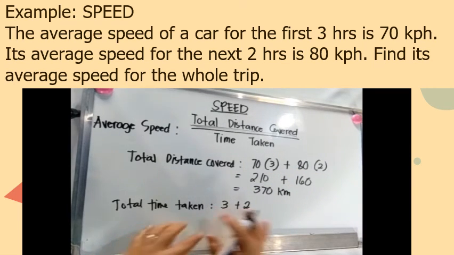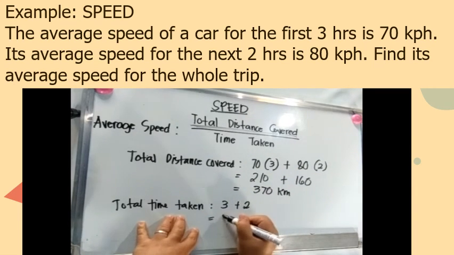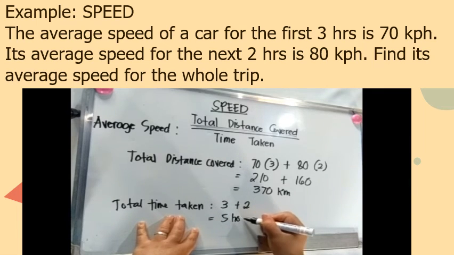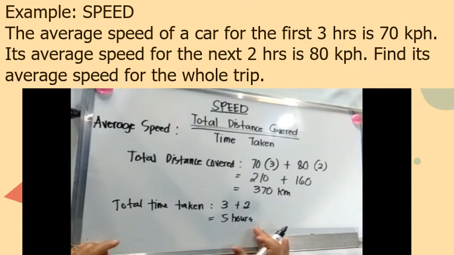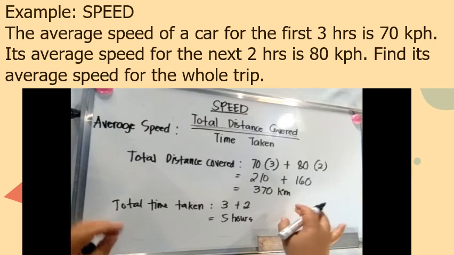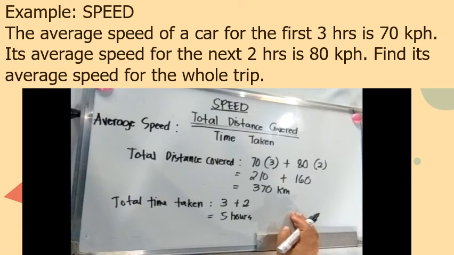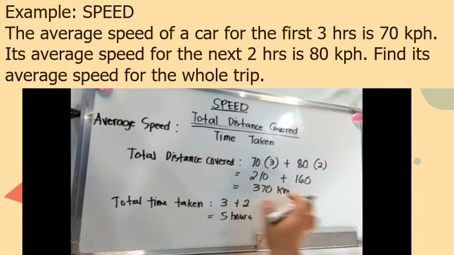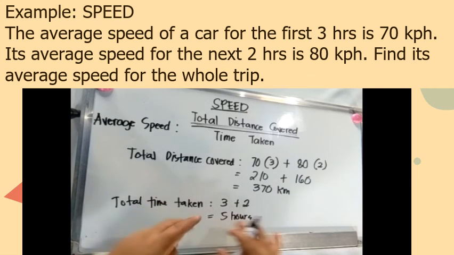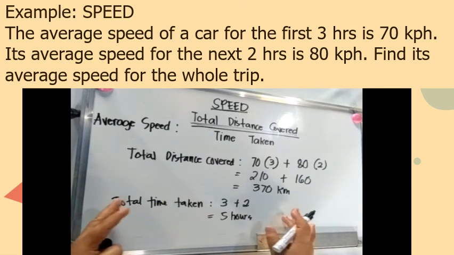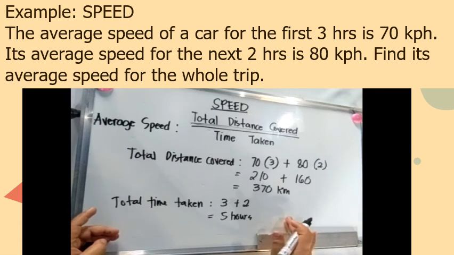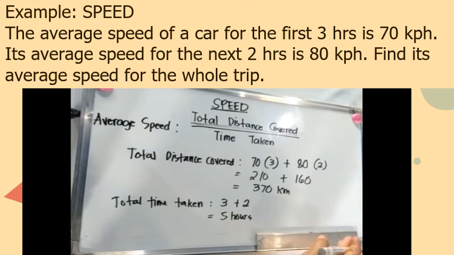So, we have, ang total time na to tanan is 5 hours. Okay? Na-supply na ba na to ang given? Yes. We already have the total distance covered and also the total time taken. So, can we now get the average speed? Yes, we can.